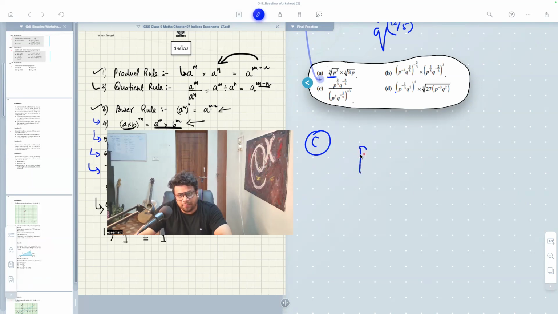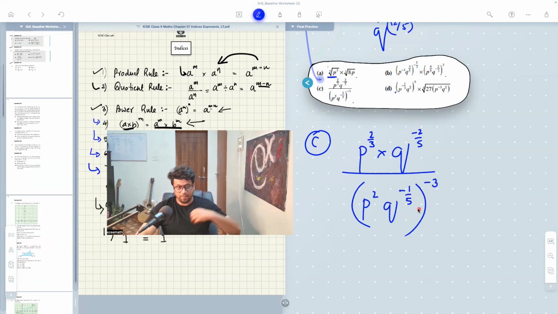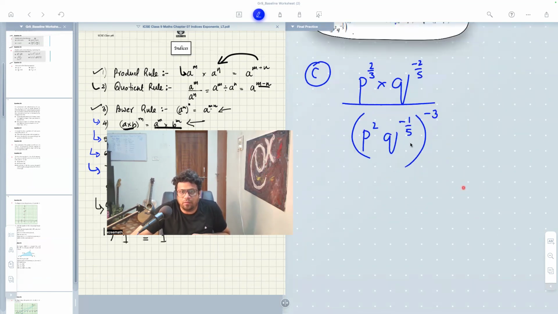You have p to the power of 2 by 3 into q to the power of negative 2 by 5, whole divided by p square q to the power of minus 1 by 5, whole raised to a minus 3. What to do here? Well, I'm going to write the numerator just like it is.